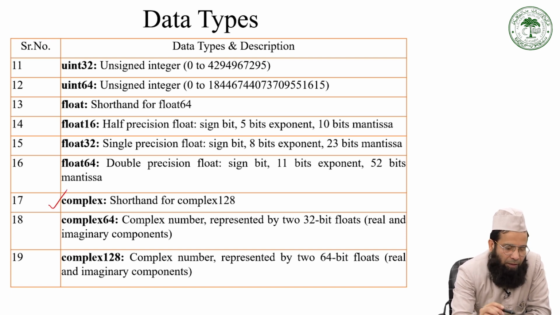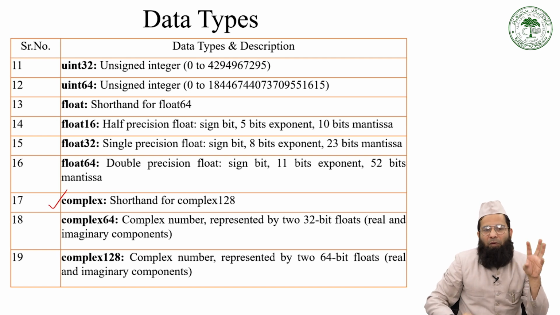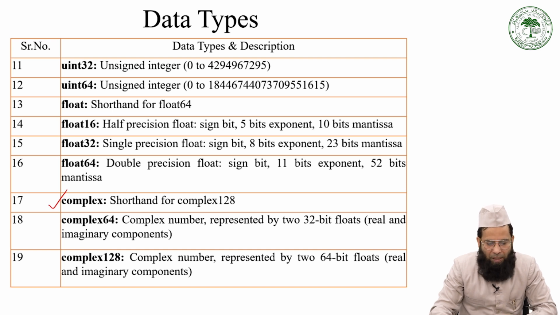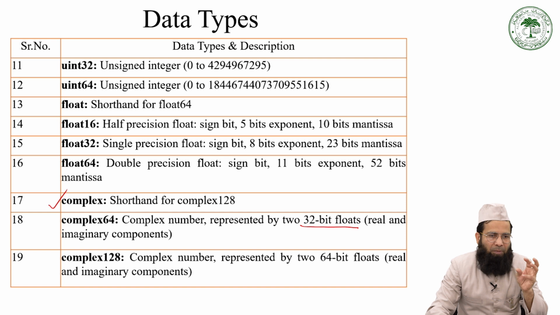It is a very special data type. If you mention a complex data type, automatically each and every element would be converted into a complex number, and it has different versions as well, complex64 and complex128. So 64 is represented by two 32-bit floats, that is real and imaginary components. So each complex number contains a real and imaginary part.